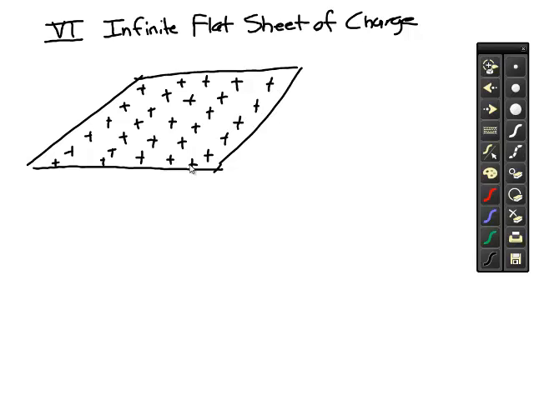Okay, so we've got a really thin, really flat sheet, and it's got a uniform charge distribution. In your notes, you probably have somewhere that the uniform charge distribution on an area is charge per unit area.